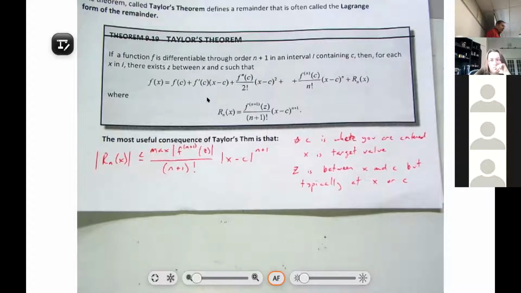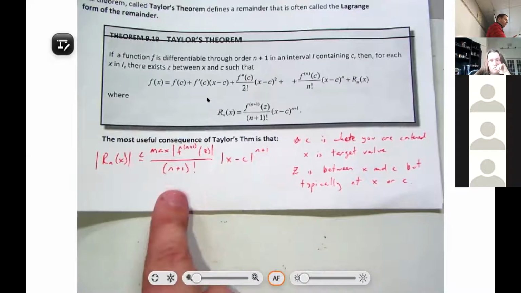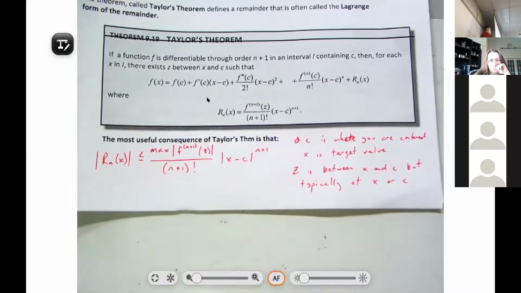Times the absolute value of x minus c to the n plus first power over n plus 1 factorial. Essentially, if we're using a third degree polynomial to approximate, to figure out the error we have to look at the next term, the fourth. That's why it's n plus 1 in all that stuff. We're looking at the fourth degree, okay?